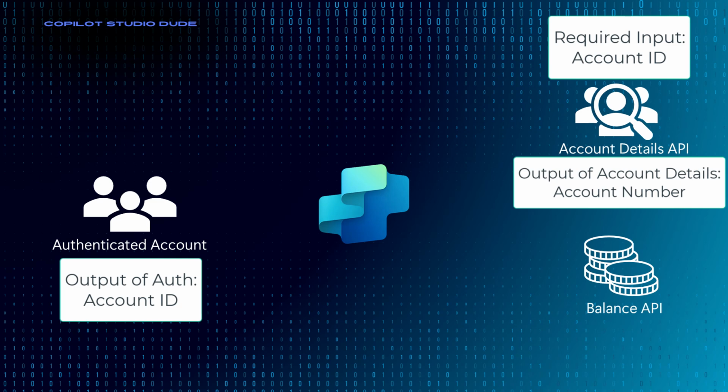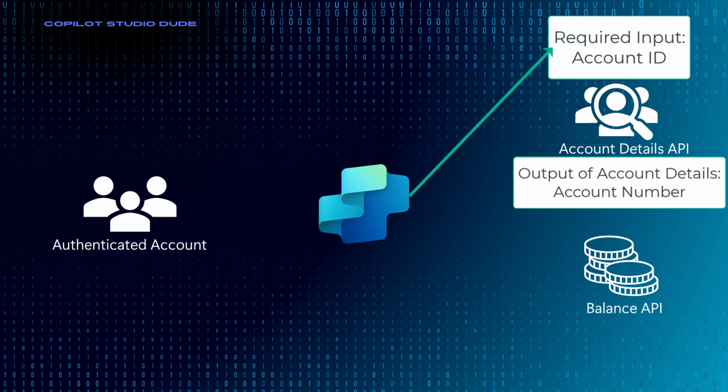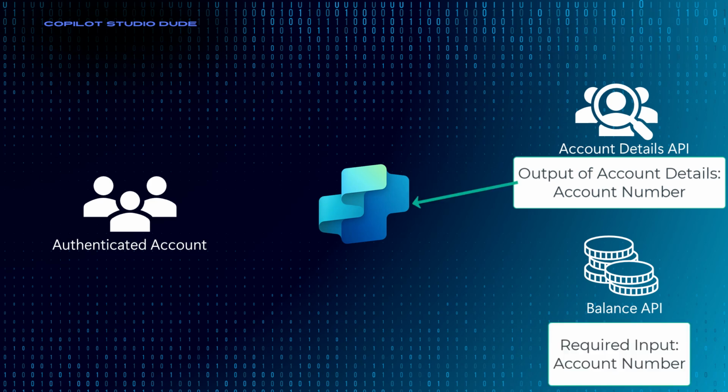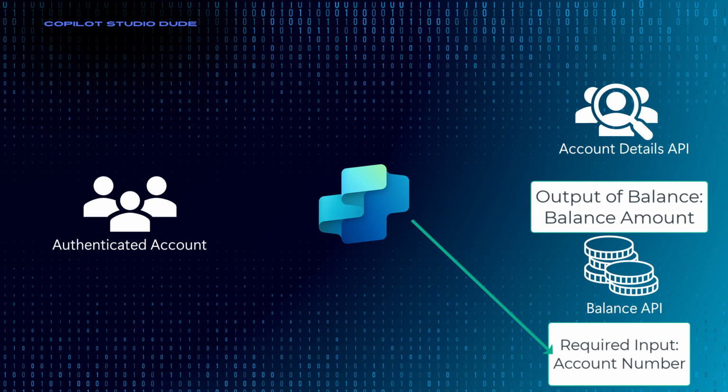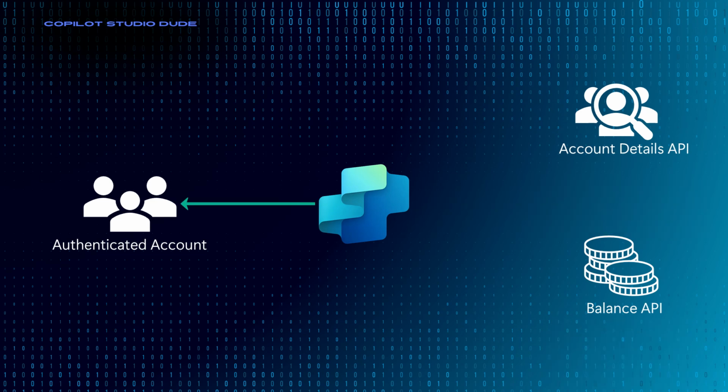So I can say, I know who you are, so I can use your account information to look up your primary checking account number, and then provide that automatically to the balance API to get the answer to the question of what is your balance, and then simply reply back to the user with the answer to the question of what is the balance in my checking account.